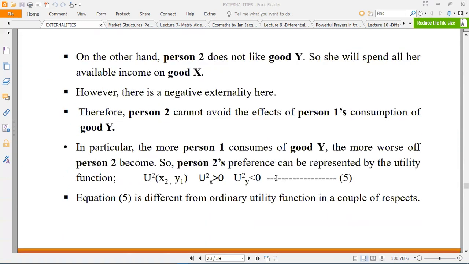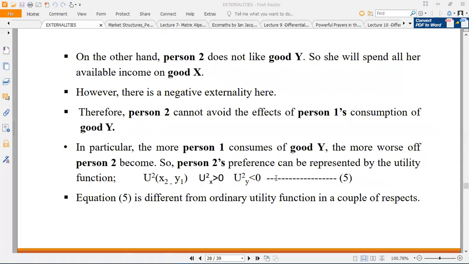Now let's look at person 2. This individual doesn't like good Y. She doesn't like smoking cigarettes, so she tries her best to spend all her income on only good X. For today's individual, he or she, we are using she, so let's use she.